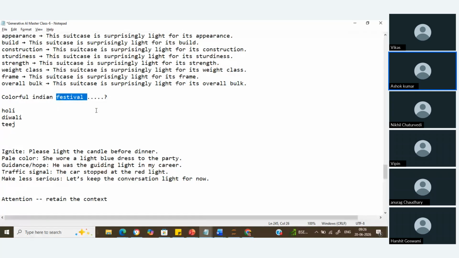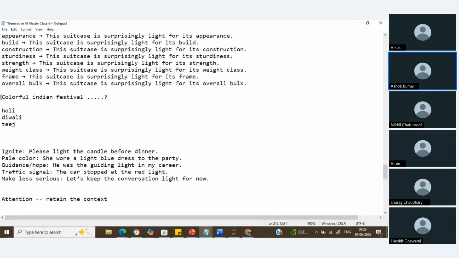And there are a lot of festivals throughout the world. Unless we retain the context and keep this sentence completely, we will not be able to generate this information. So first we try to retain the context, and how we retain it, we will learn.